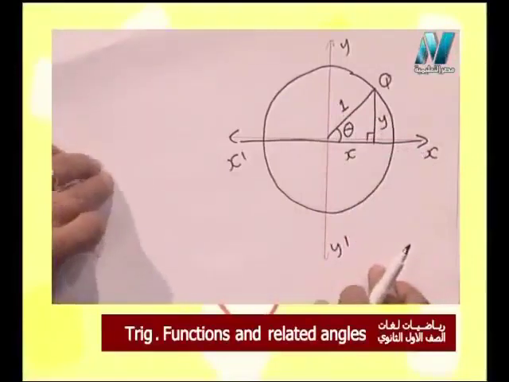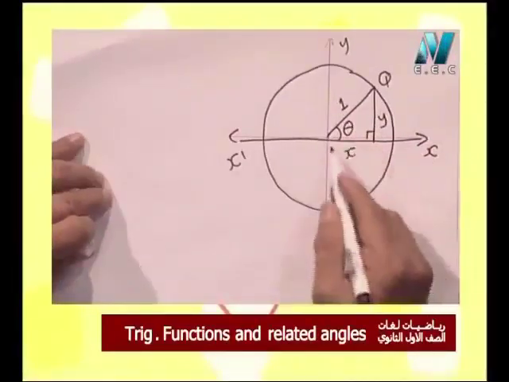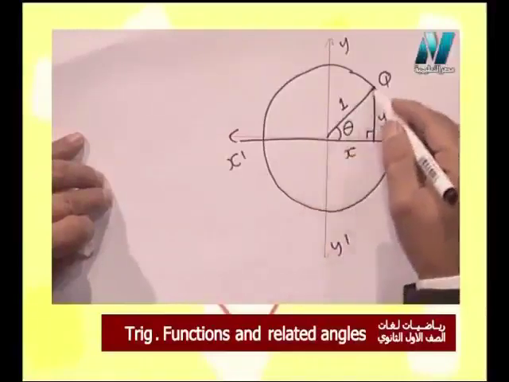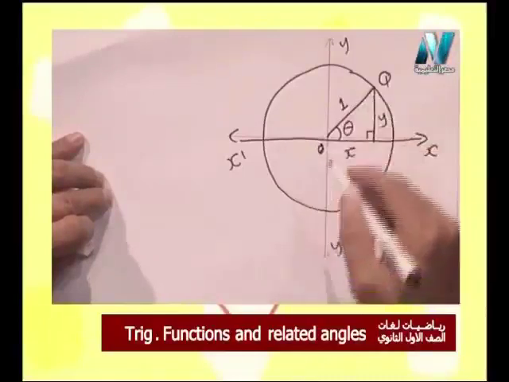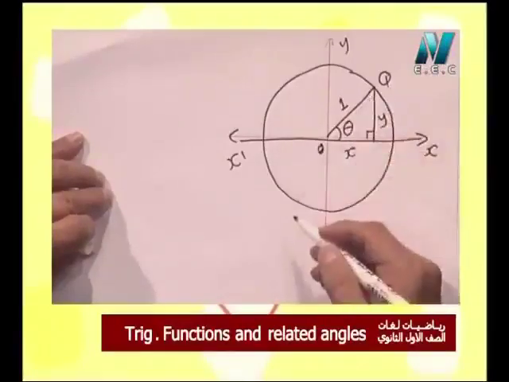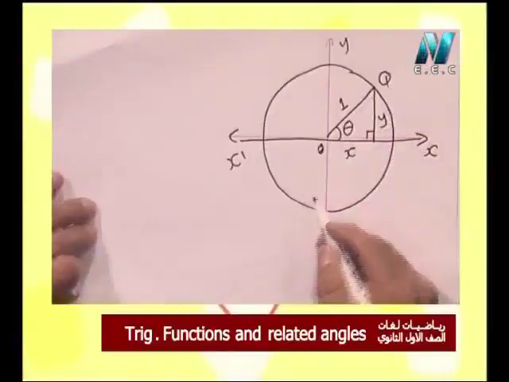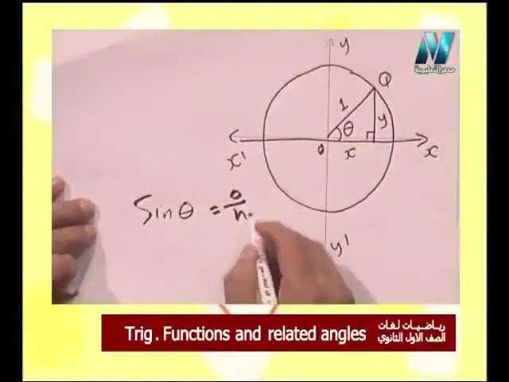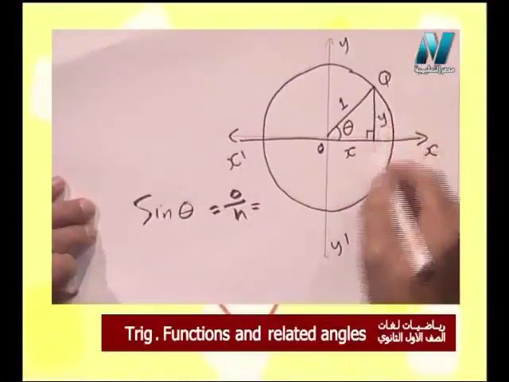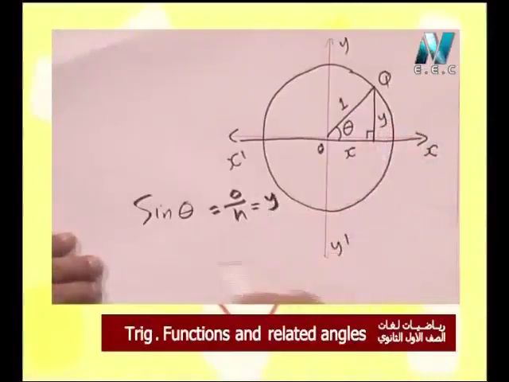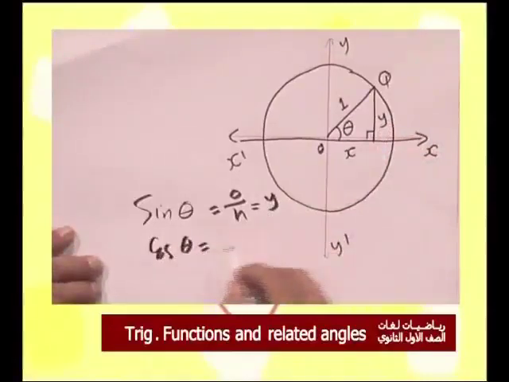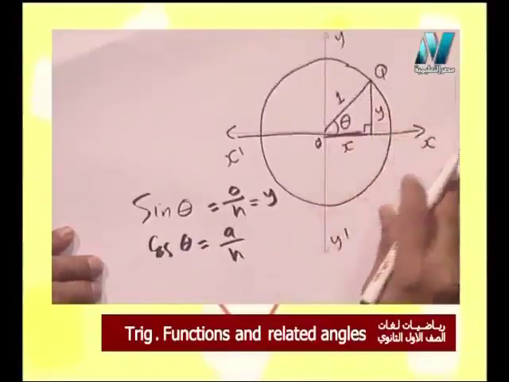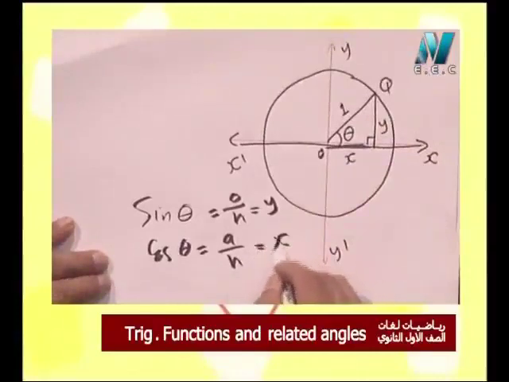What is theta here? It's an angle starting from the x-axis, and its terminal side here is OQ, and the length of the radius equals 1 unit. So sine theta equals opposite over hypotenuse, which equals y, and cosine theta equals adjacent over hypotenuse, which equals x.